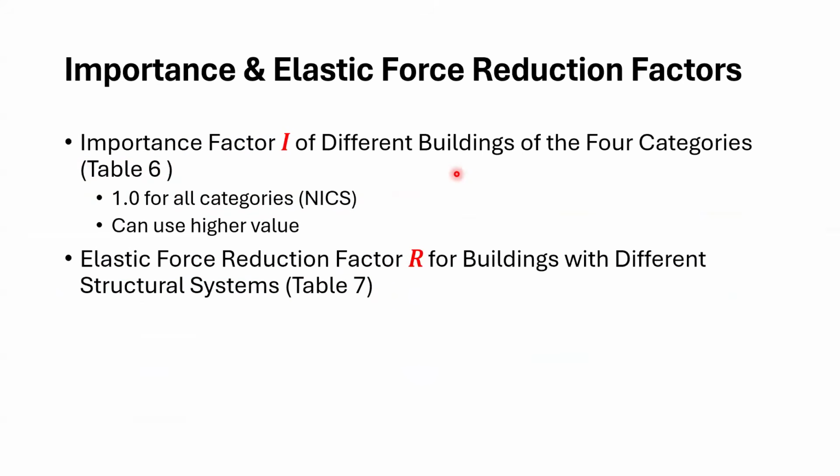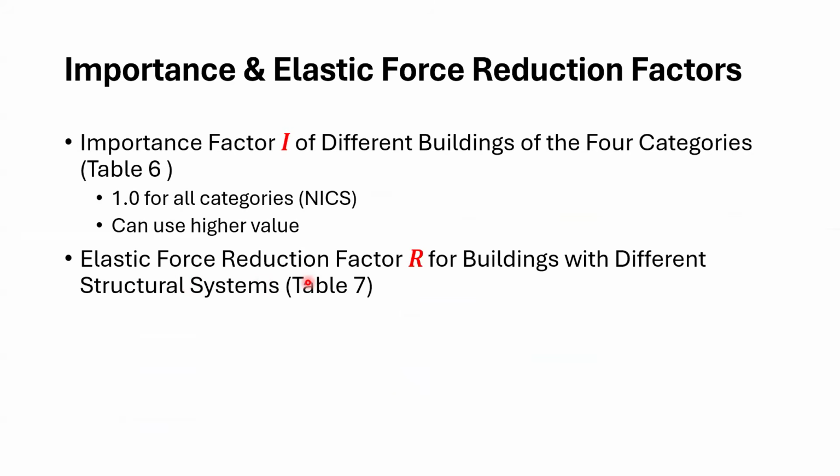Right. Now we have the I value, importance factor, based on 4 categories. It's normal, important, critical, and special. So in this code, it is given as 1, but you can also use a higher value if so desired by the designer and the party.